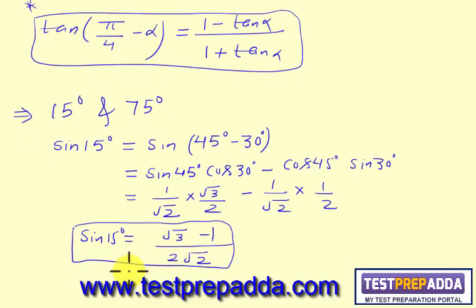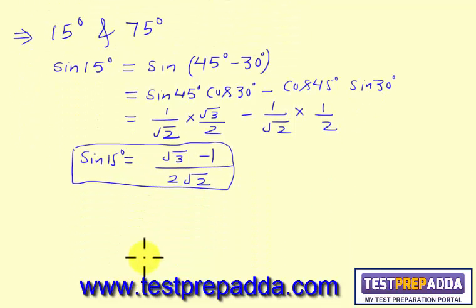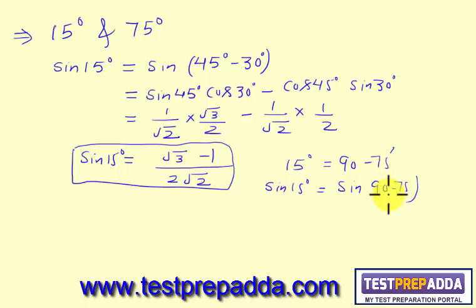Now, if you look at this 15 degree carefully, actually 15 degree is 90 minus 75. If I take sine on both sides, sine 15 degree equals sine 90 minus 75. Sine 90 minus theta becomes cos theta.